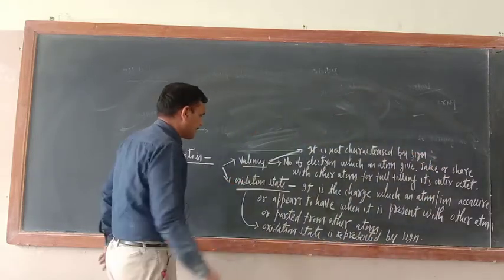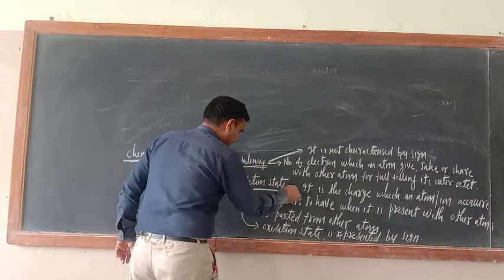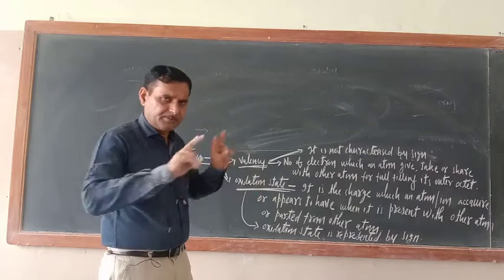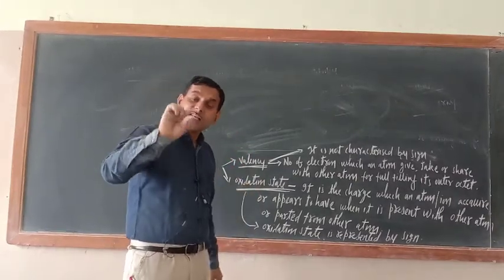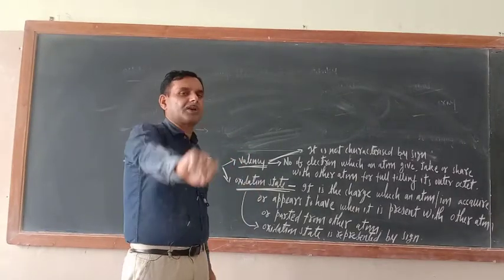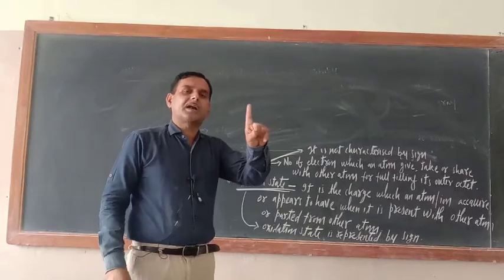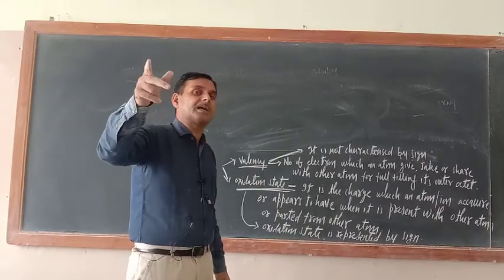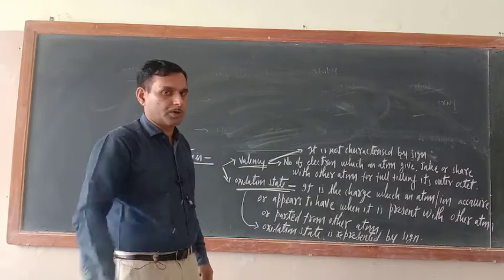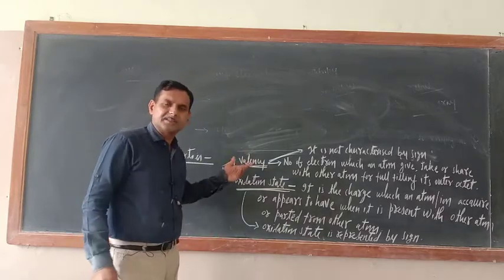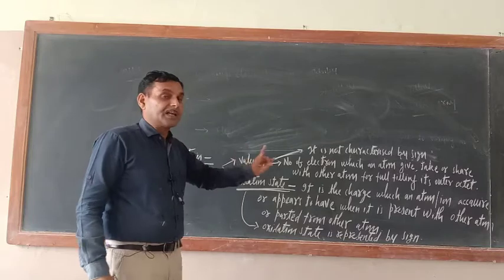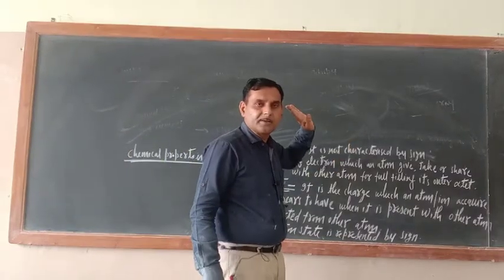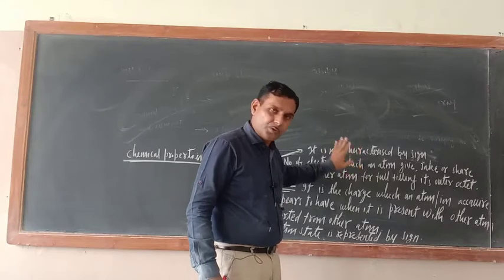First one is valency, second one is the oxidation state. What is valency? Valency is nothing but a number of electrons which an atom takes, gives or shares with another atom to fulfill its outer octet. That is valency, okay. And valency will never be exhibited by any sign.